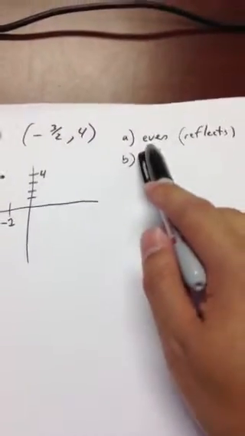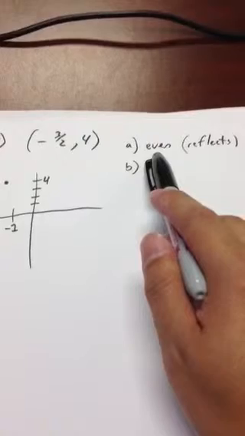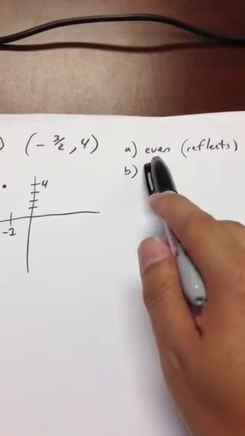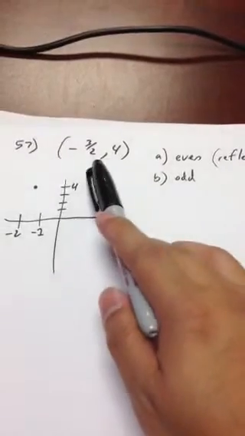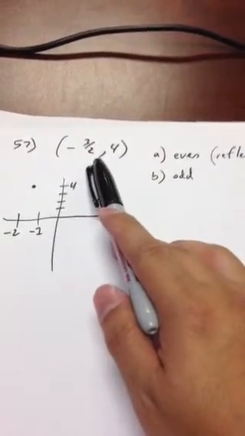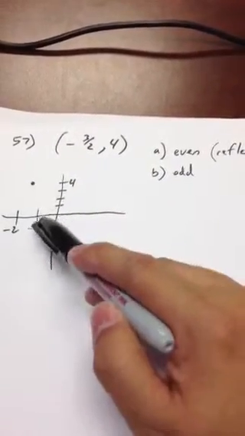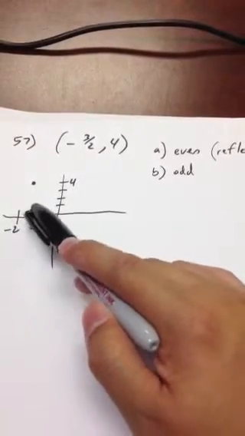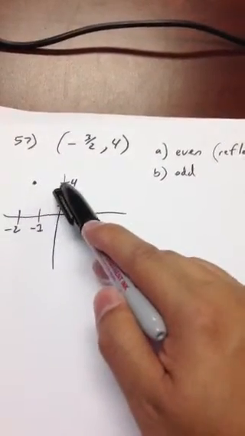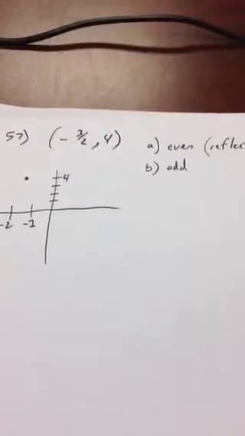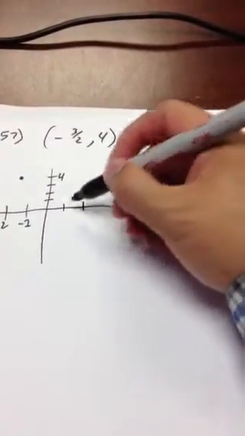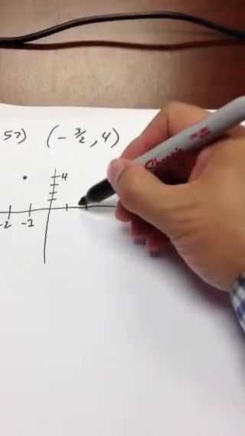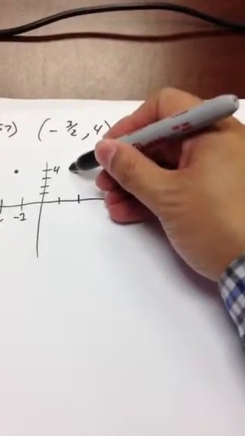Now what you have to remember is that when something is even, what that means in algebra or pre-cal, it means that it reflects over the y-axis. So if I have this point, negative 3/2, 4, which is right there, negative 3/2 is between -1 and -2. I need to go over to here, somewhere between 1.5, up to 4.